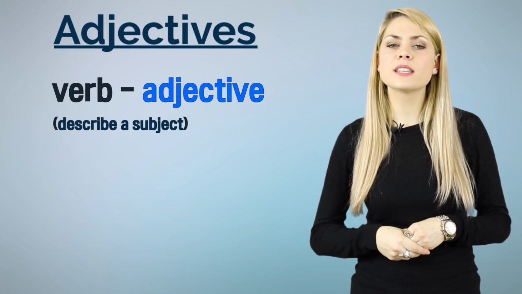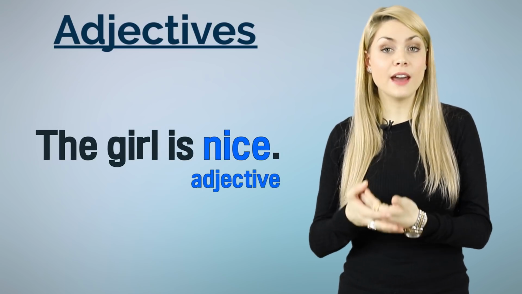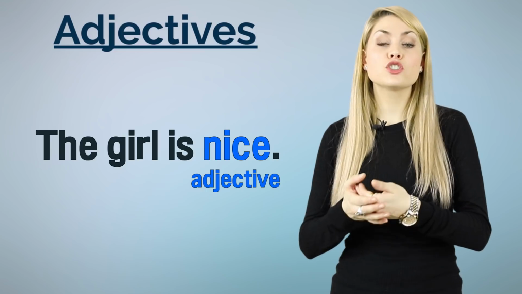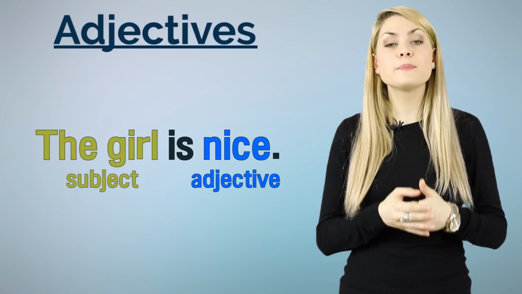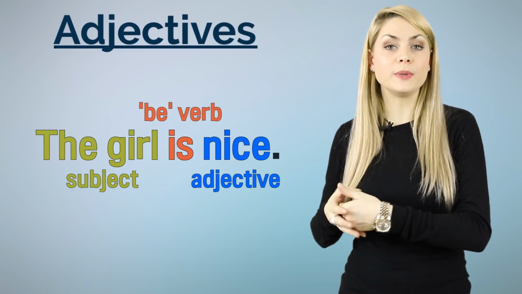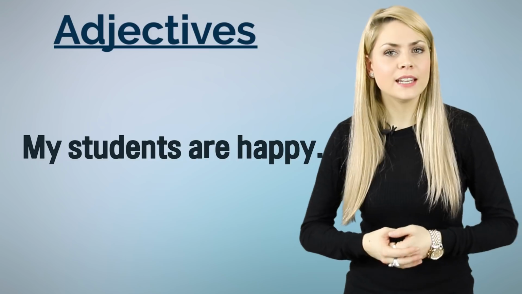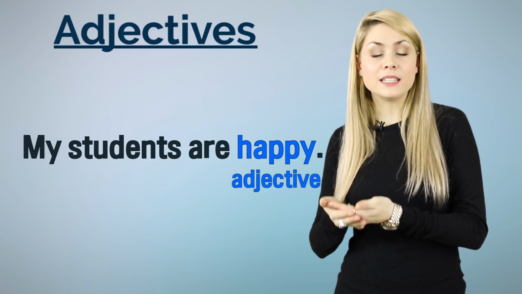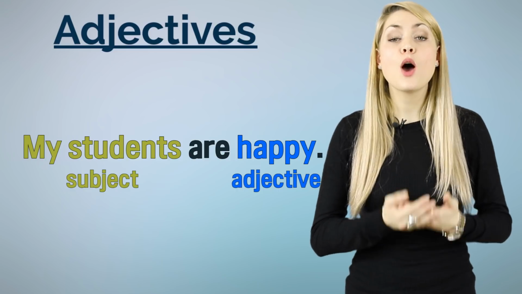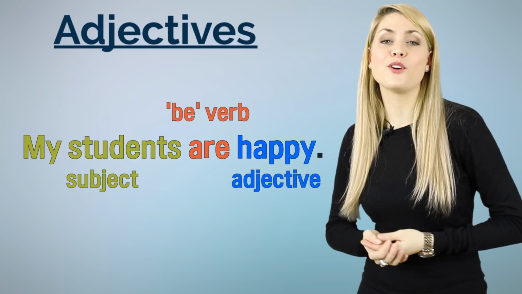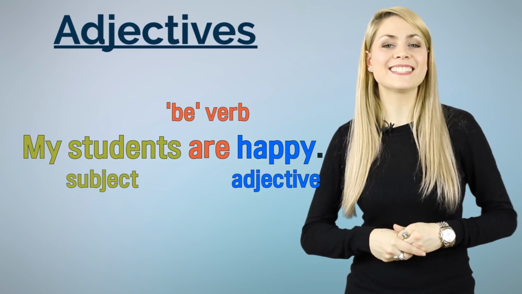So if we take the sentence, the girl is nice, the adjective nice refers to the subject of the sentence, the girl, but it is placed after the verb to be. My students are happy, same thing. The adjective happy describes the subject of the sentence, my students, but it is placed after the verb. I hope you understand, guys. Let's move on to practice now.